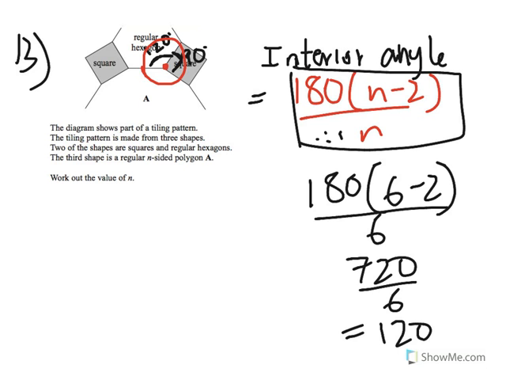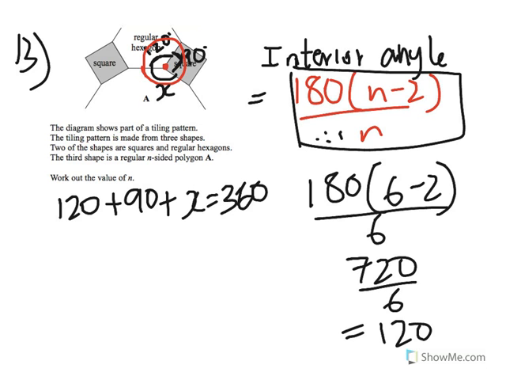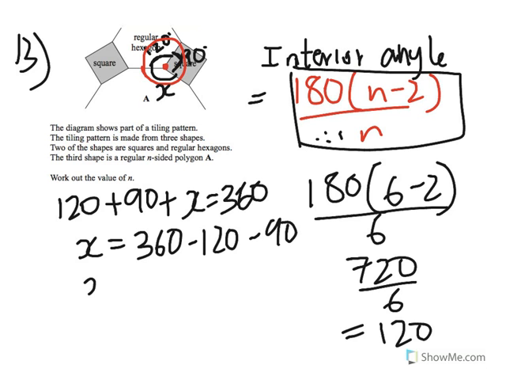So that means 120 plus 90 plus, let's say this new angle is x, is equal to 360. So this new interior angle of polygon A, x, will be 360 minus 120 minus 90, and so x will be equal to 150. So the interior angle of A is equal to 150.